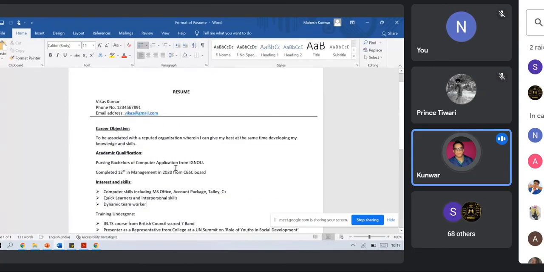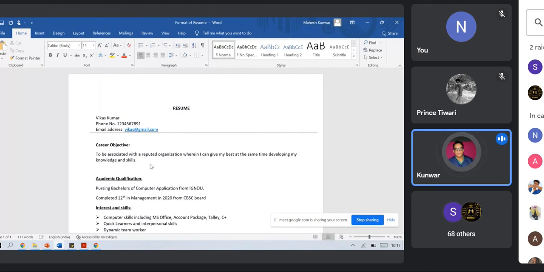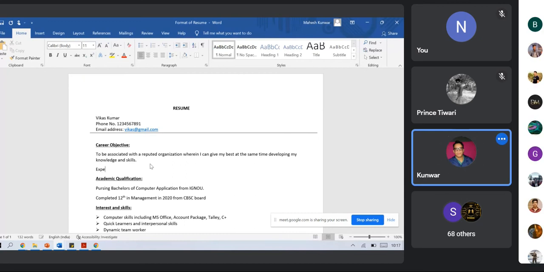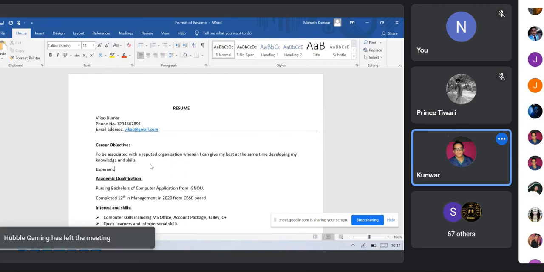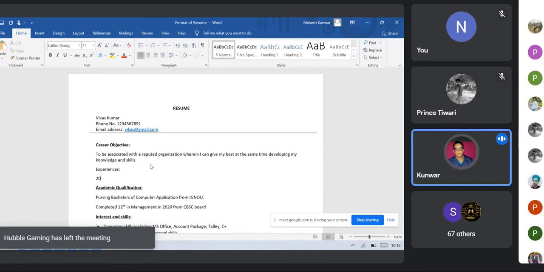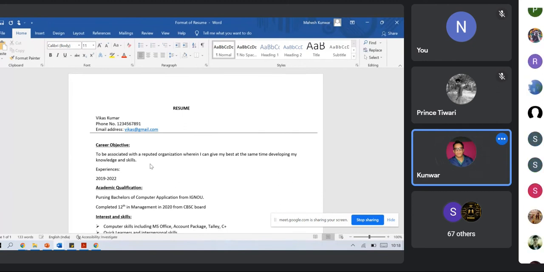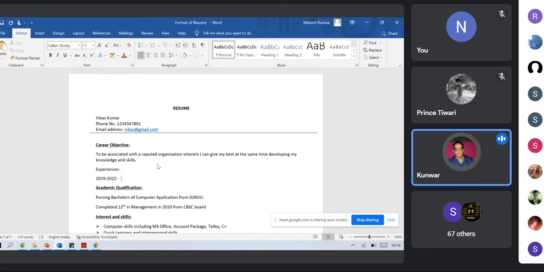But if you are an experienced one, if you already have 2 or 3 years of experience, you can mention the experiences. What are the experiences you have? 2019 to 2022. Okay, what you did during this time, name of organization, your position, the designation.